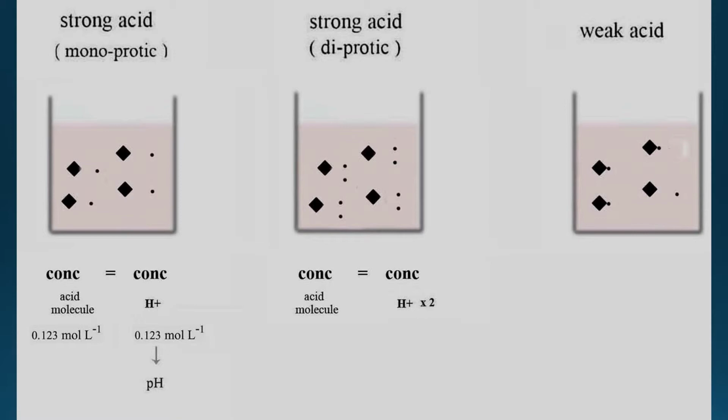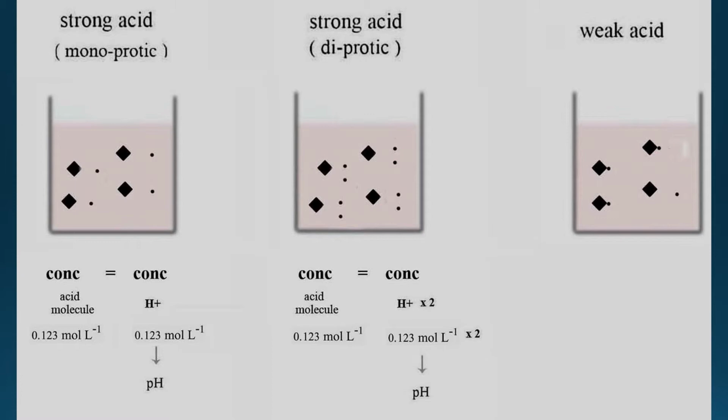So imagine if the concentration of acid molecule is 0.123 mole per liter, the H+ ion concentration is going to be 0.123 times 2. So it will be double. And once you times it, you also can convert to pH.